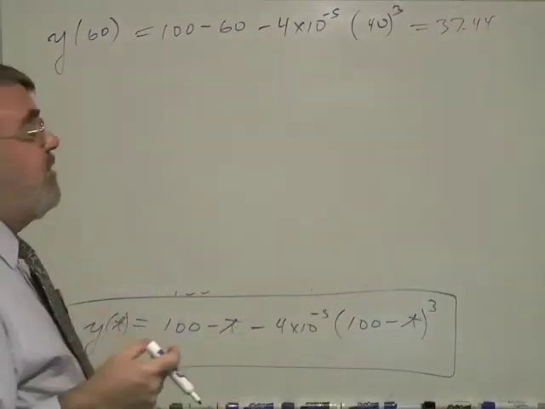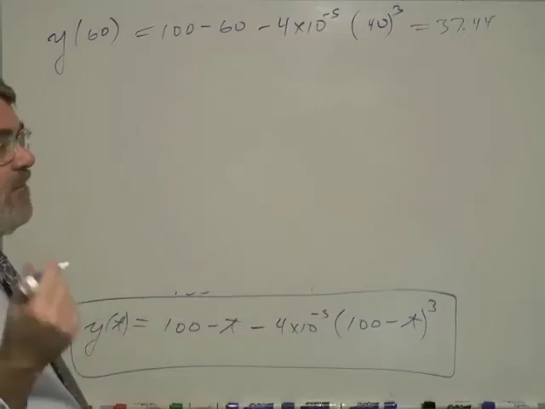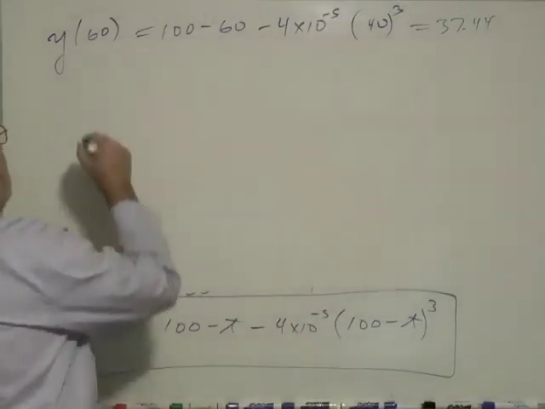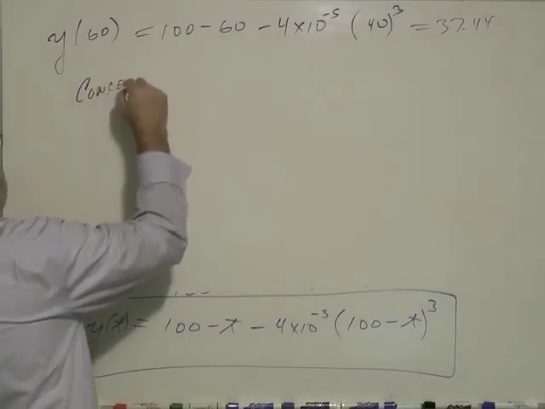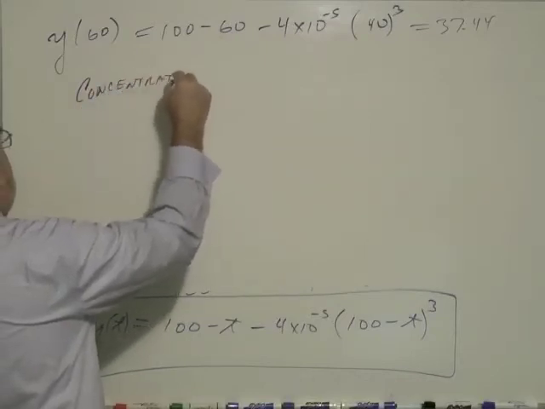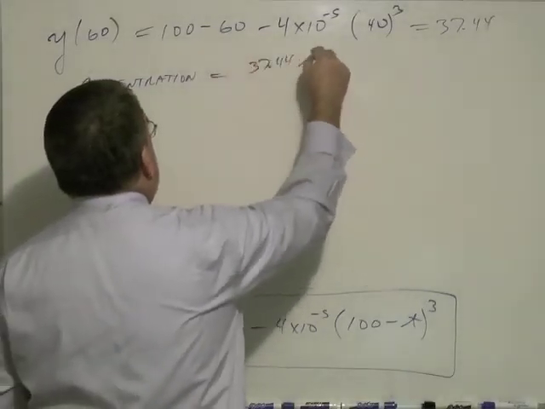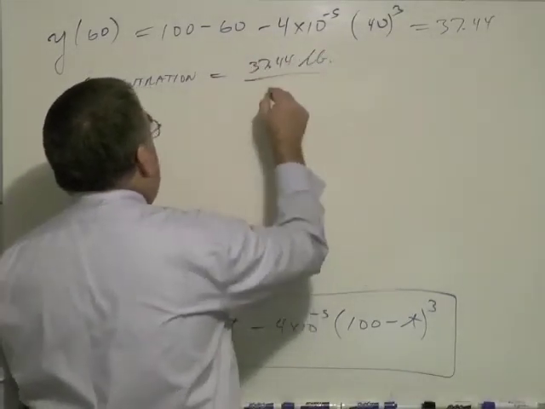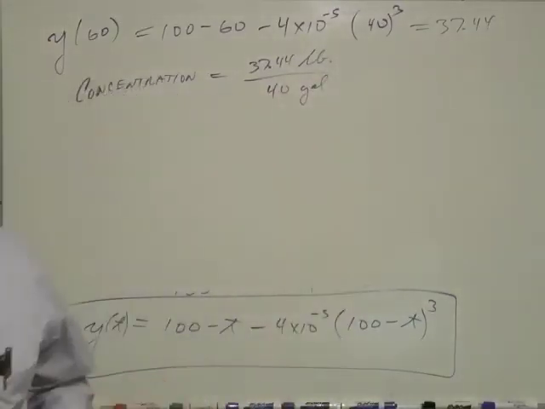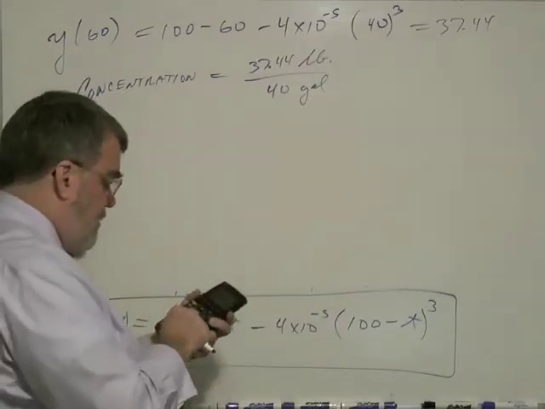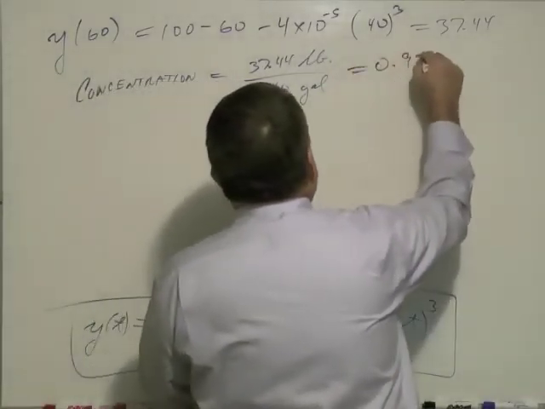So that's the pounds of salt in the tank. Now, after 60 minutes, there are 40 gallons in the tank. So the concentration would be 37.44 pounds divided by 40 gallons. And let's see, that would be 0.936 pounds per gallon.